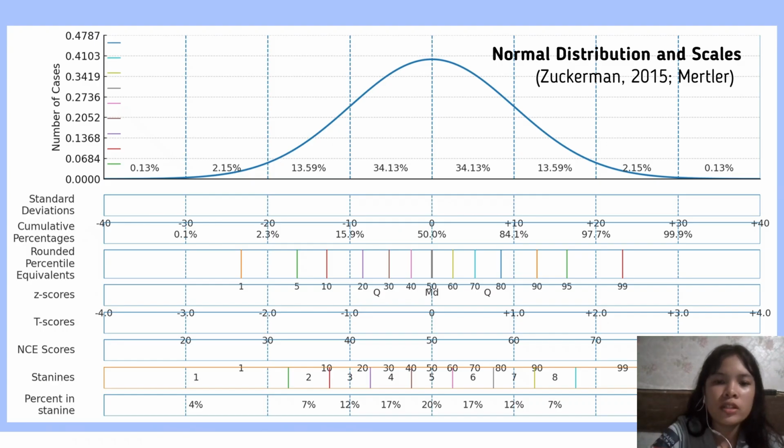So this picture represents the normal distribution and scale. The normal curve that you can see represents the normal distribution, also known as a symmetric theoretical distribution.